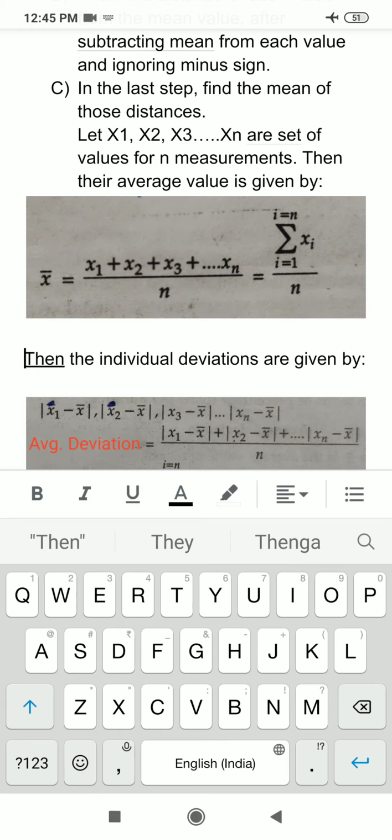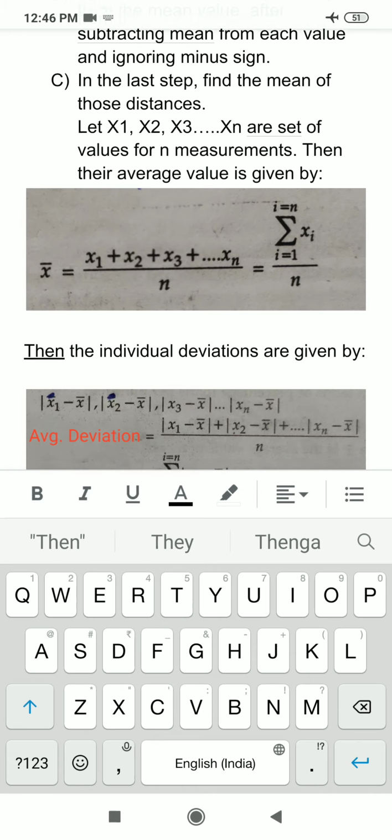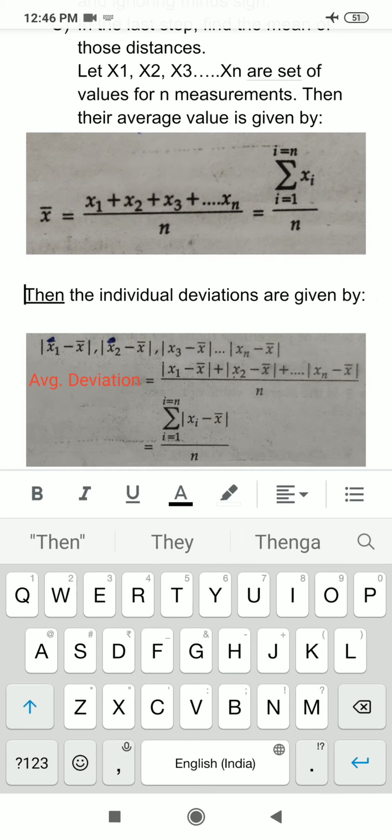Here x1 is the first value and x bar is the average value. So x1 minus x bar is the individual deviation for the first value. Similarly, x2 minus x bar is the individual deviation for the second value, and x3 minus x bar is the individual deviation for the third value, and xn minus x bar is the individual deviation for the nth value.